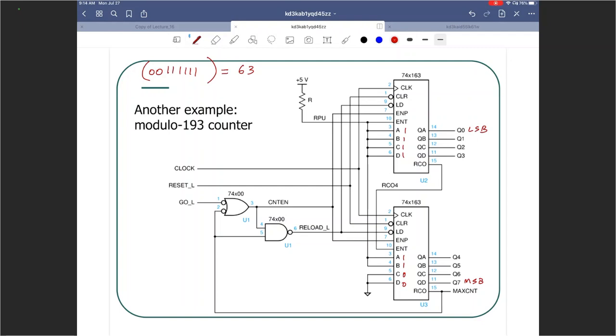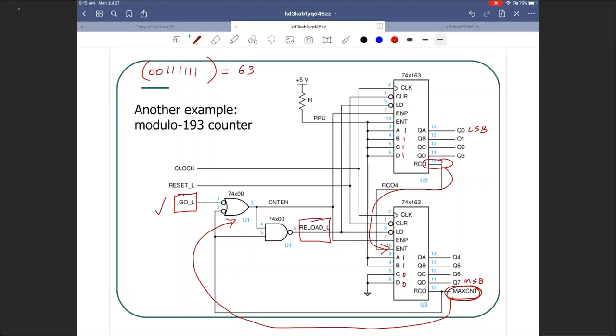What is that? When something happens, you see RCO of this chip is connected to the enable T of this chip. So that's the cascading that we saw earlier. Then we are using this max count to detect 255, right? So when 255 occurs and the go for the counter is active, that means we are going to do the reload.